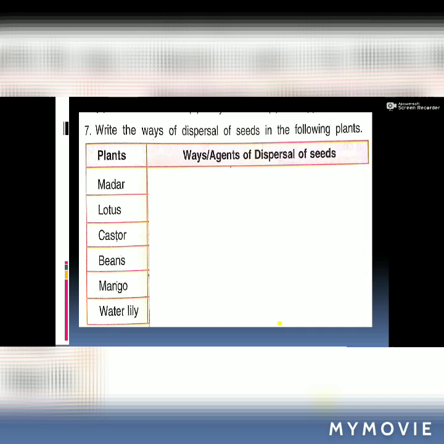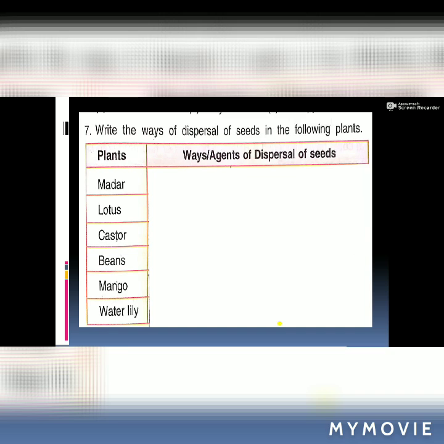Next, write the ways of dispersal of seed in the following plants. That is also given in your book. The plants' names are Madar, Lotus, Castor, Beans, Mango, Water Lily.